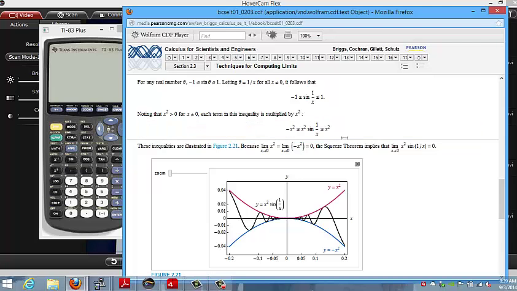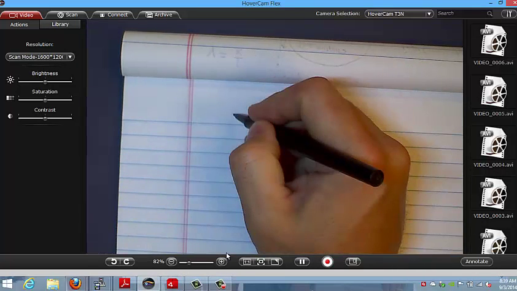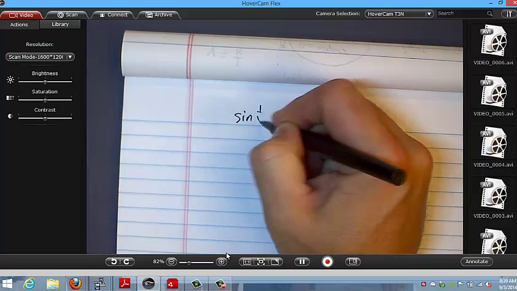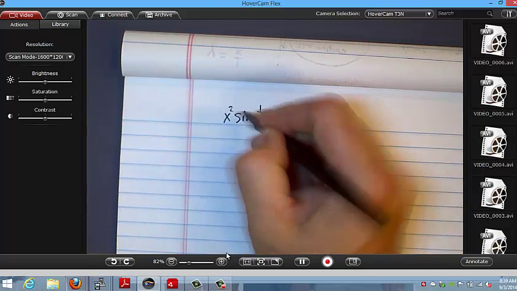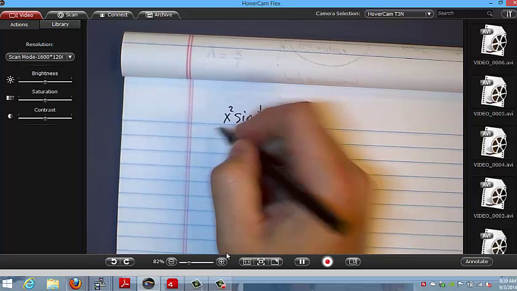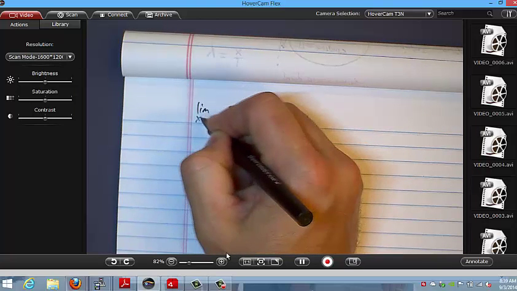I think it's kind of interesting what they do here. Again, we're trying to figure out the sine of 1 over x times x squared. This is my new function. And what happens as x approaches 0?